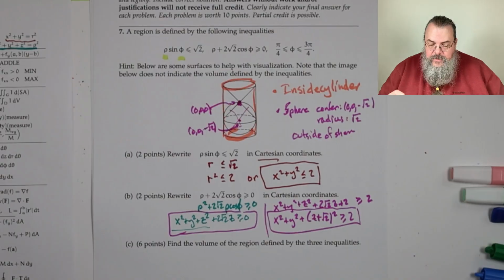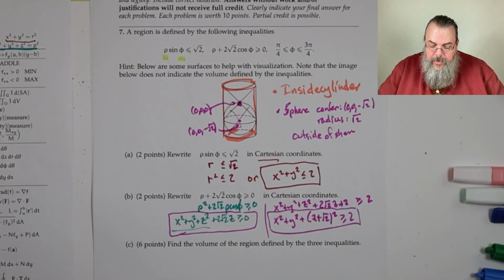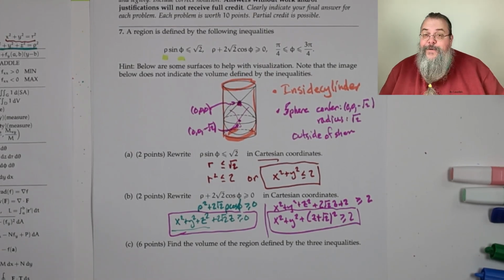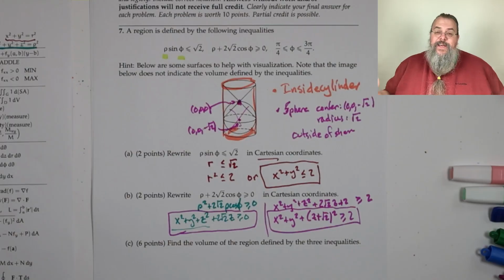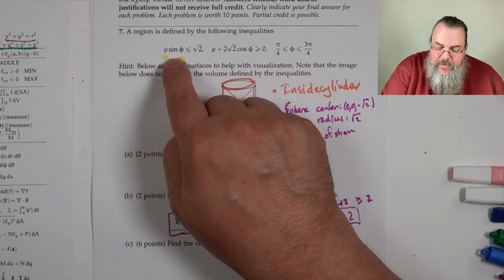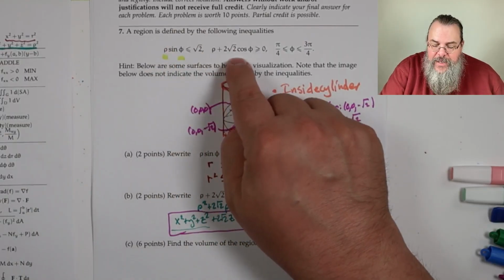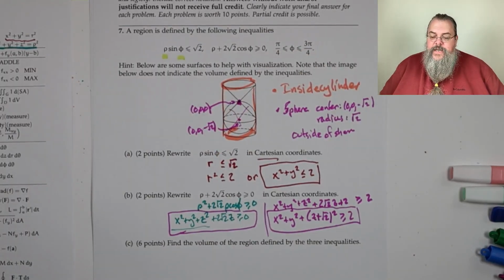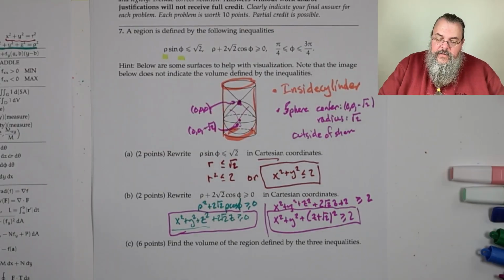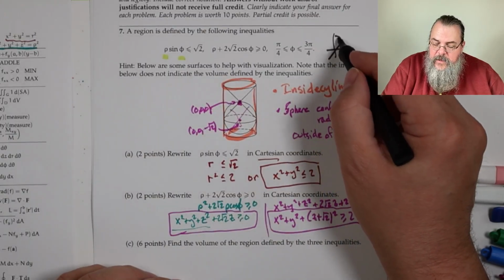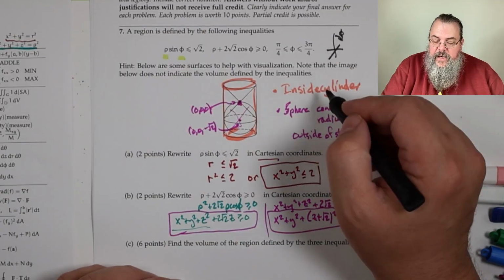Okay, good. We're almost there. Part C: find the volume of the region defined by the three inequalities. What we haven't talked about is this third inequality. We've done part A and part B. What does part C tell us? Well, it tells us about phi. If you recall what phi is, we think of that in terms of how far you're coming off of the positive z-axis.